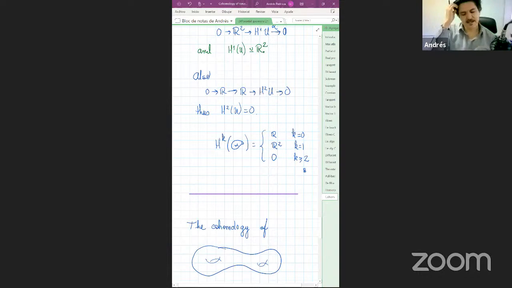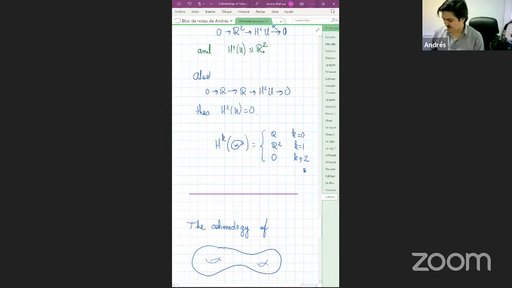But I will do it only in this case. For the other one, you use induction, the Mayer-Vietoris sequence, and the same ideas that are involved here. Okay, so before we proceed, any questions so far? Okay, so let's move on.